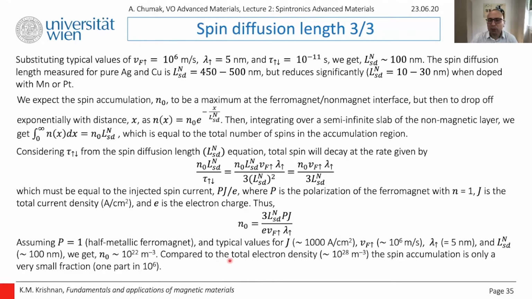But if you compare it to the total density of electrons, it is 10 to the power of 28. So it means that spin accumulation is only a very, very small fraction of electrons, of the order of 10 to the power of -6. So it's 10 to the power of 6 times smaller than the normal density of electrons. This is an important message for understanding how strong this effect is. At the same time, as I said, it's very pronounced.